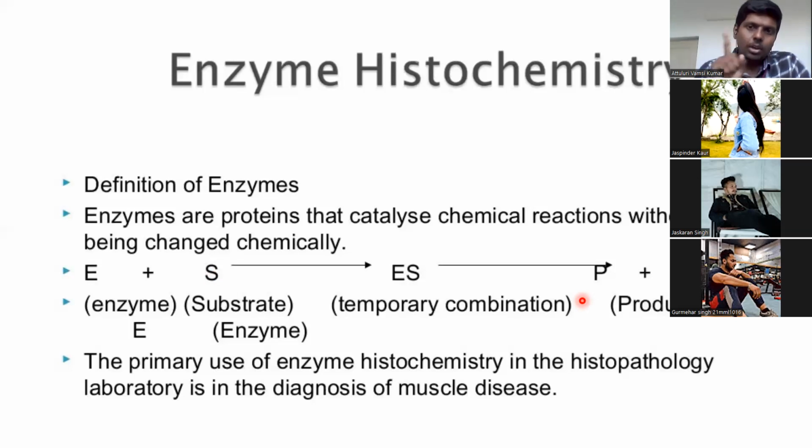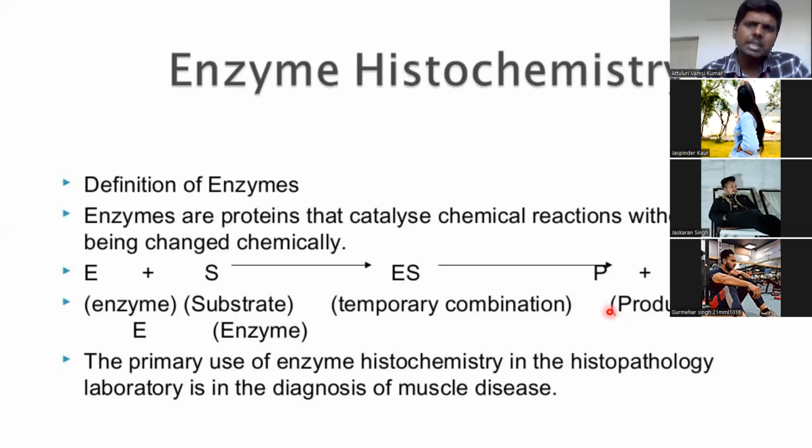After converting the product, this enzyme can be reutilized by the body. Enzyme reactions are reversible reactions. An enzyme will bind with substrate, convert substrate to product, and then go on to the next substrate. So enzymes can do these reversible reactions.